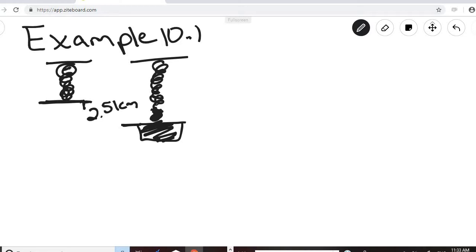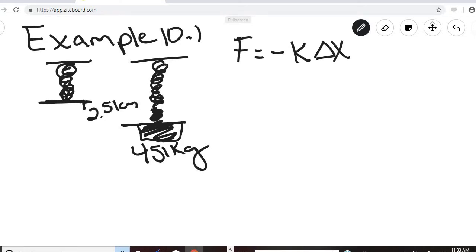Then we want to know, if this object is 451 kilograms, what is the spring constant? Okay, so let's put up our equation. F is equal to negative K times delta X.